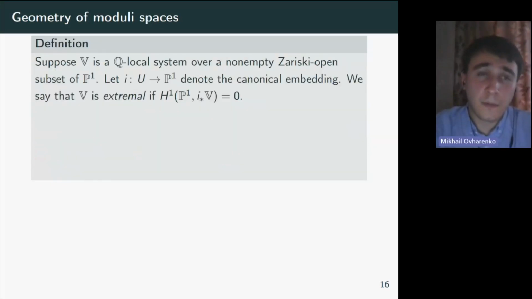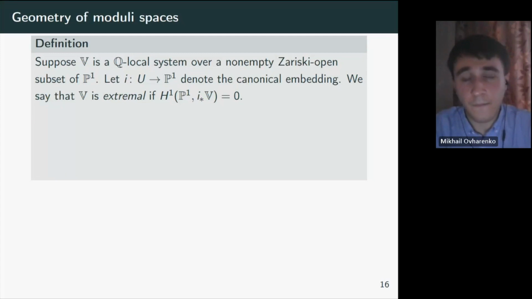And let us give the following definition. Let's suppose that we have the projective line and some non-empty subset which is open in the Zariski topology.